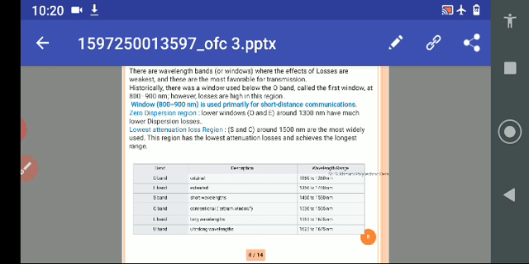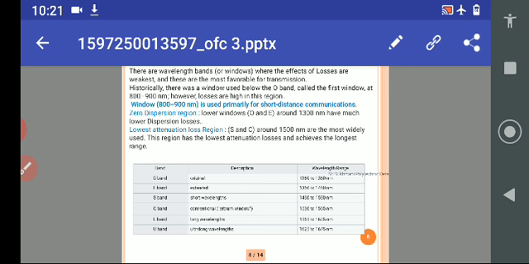The first window, available below the O band, has the wavelength range from 800 to 900 nanometers, and is primarily used for short distance communication, and it makes use of plastic optical fiber.